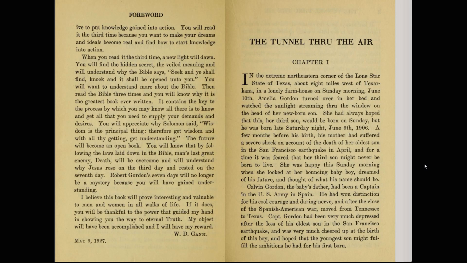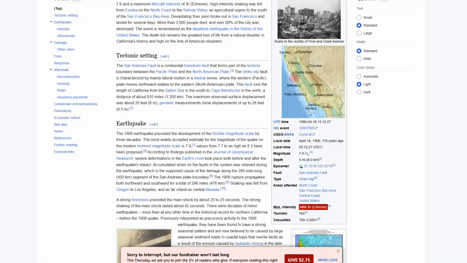But if you aren't some sort of savant who knows all kinds of trivia, you would have to go study or look up outside of Tunnel Thru The Air to find out exactly when the San Francisco earthquake happened in April. Nowadays with the internet, that's very easy. Previously, you'd have to go to a library or something like that. But we find out that it happens on April 18th, 1906.